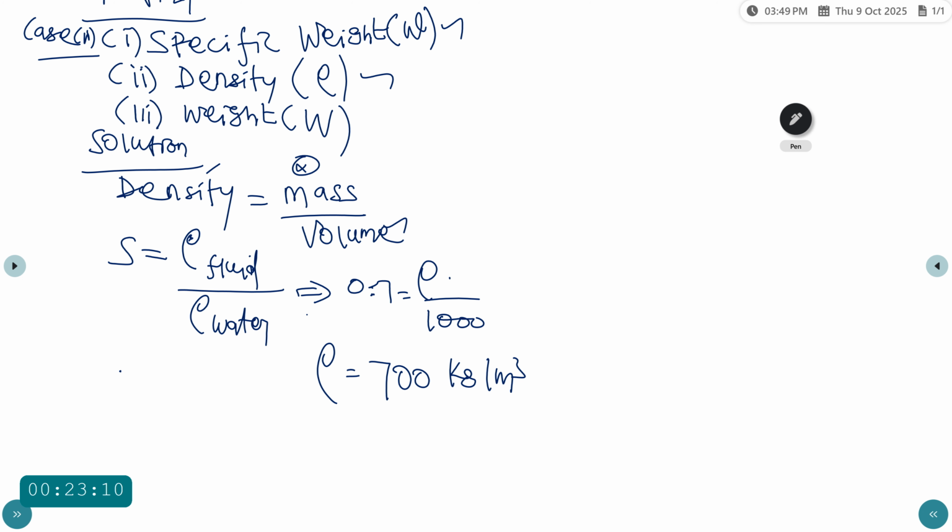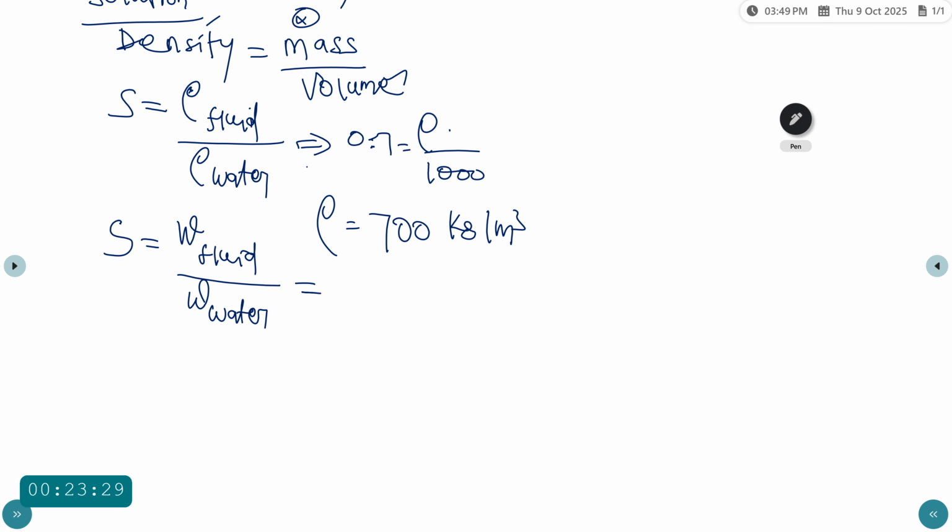Using the same S, we have another formula: specific weight of the fluid divided by specific weight of water.